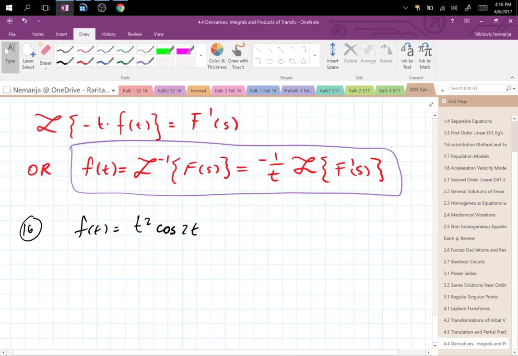So what can I do instead? Now this is not what it's used for. We'll do the inverse one, but what you can do instead is you have your f of t, you plug it up there.